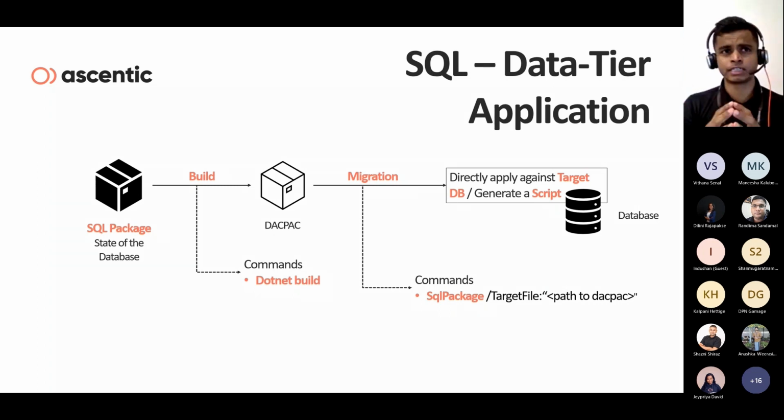The advantage of this is that on the fly, you have a desired database that you would like to have, and if you run the SqlPackage migration command, it will generate a script whose responsibility is to match the DACPAC's desired state. So let's go and see what a data tier application is.